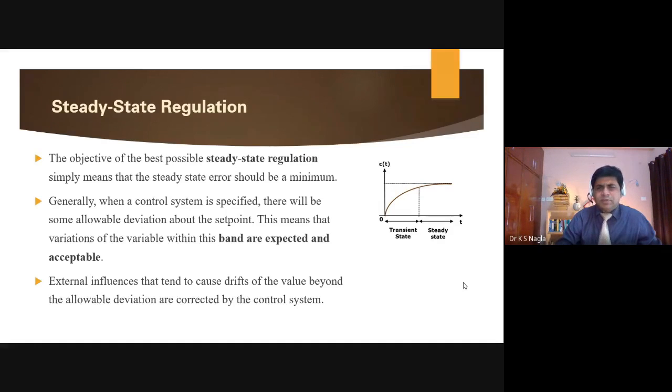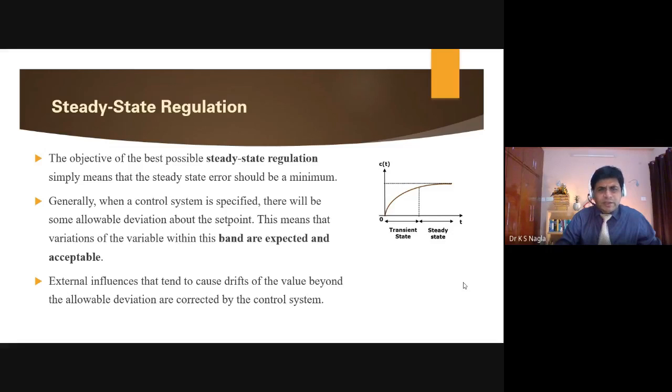If the system is underdamped or overshoots, such conditions may violate the control system. So the objective of the best possible steady state regulation simply means that the steady state error should be minimum. You are already aware that the error is between the set point and the steady state of the process output.